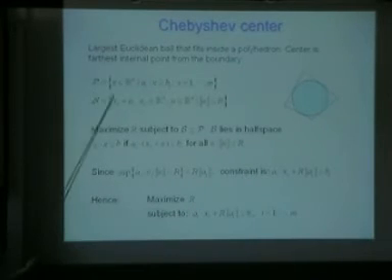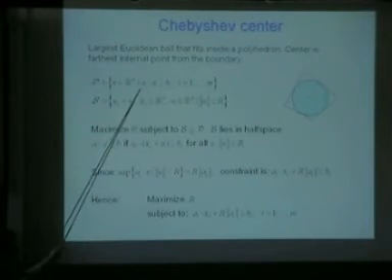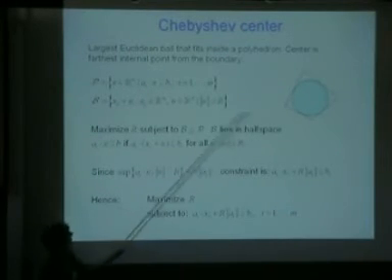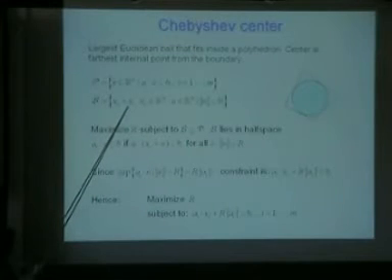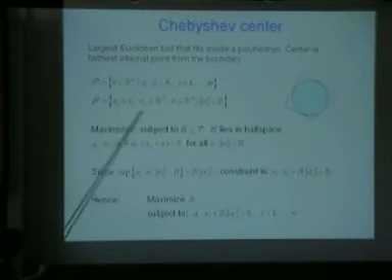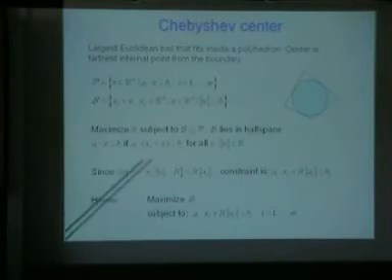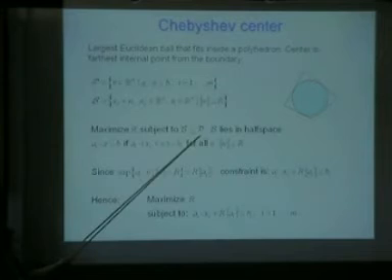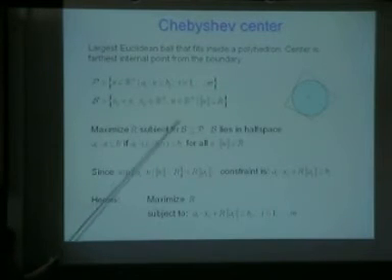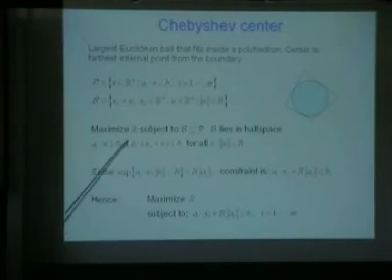So the polyhedron is defined by those x's, such that a_i transpose x is less than or equal to b_i, on the right side of the hyperplane. And the ball is just some center plus a vector u that is inside the ball. So this vector is of size r. We're going to maximize this radius r, subject to the ball being inside this polyhedron. So the ball must lie in this half space, right?